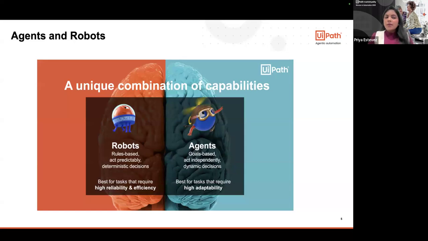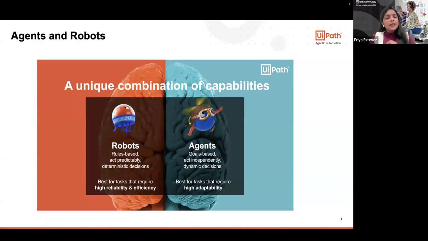When we talk about agents, it's also key to understand how they play with robots. We all have robots in our environment today, and these robots are very rule-based and predictable, and they give you very deterministic decisions. These robots are rigorously written, where you lay out the rules and this is how your robot is going to perform, which is why they are highly reliable and efficient.